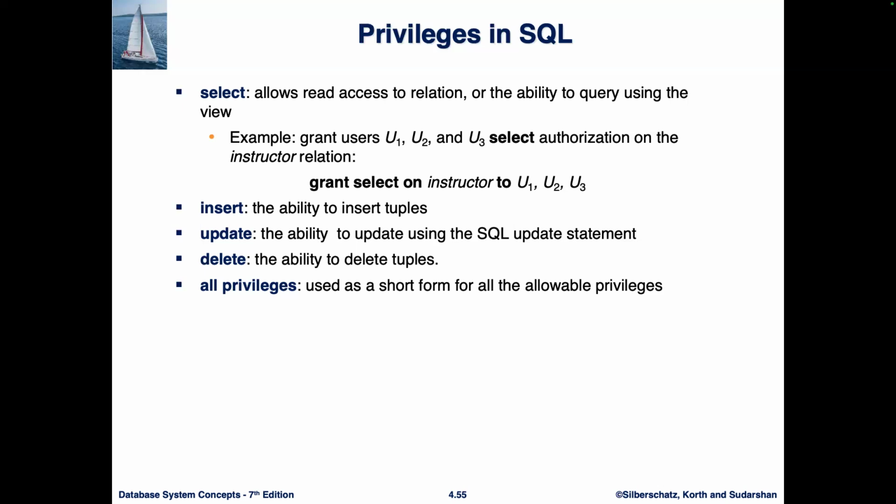And finally, delete allows the user to delete rows from the table. Grant delete on instructor to U1. You can also use all privileges as a shorthand to grant all available privileges to a user. To give a user all privileges on the instructor table, grant all privileges on instructor to U1.